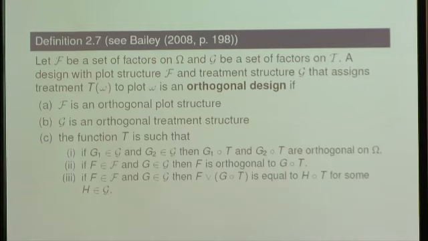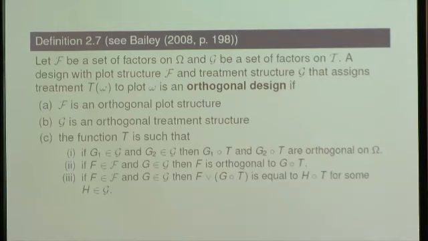And then the third condition here says if we have a plot factor and a treatment factor, then the supremum of any plot factor and the treatment factor regarded as a factor on omega needs to be a treatment factor itself.